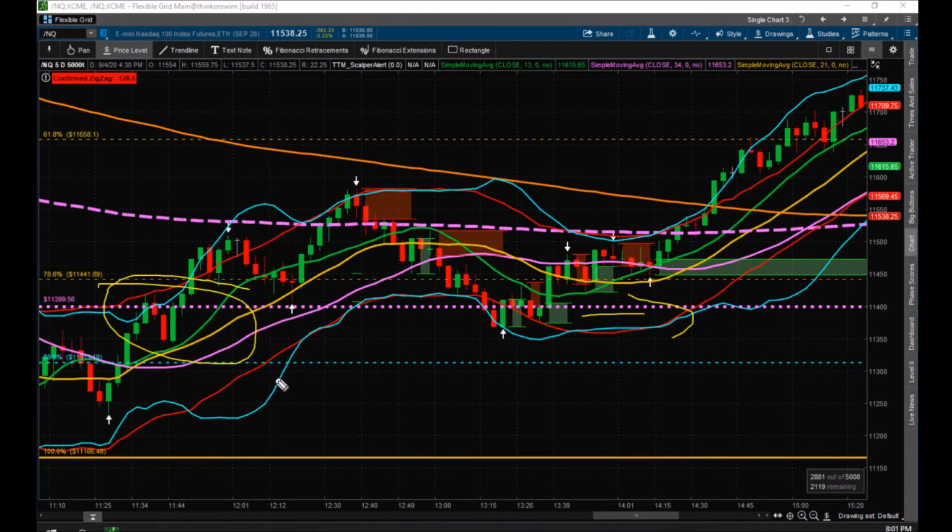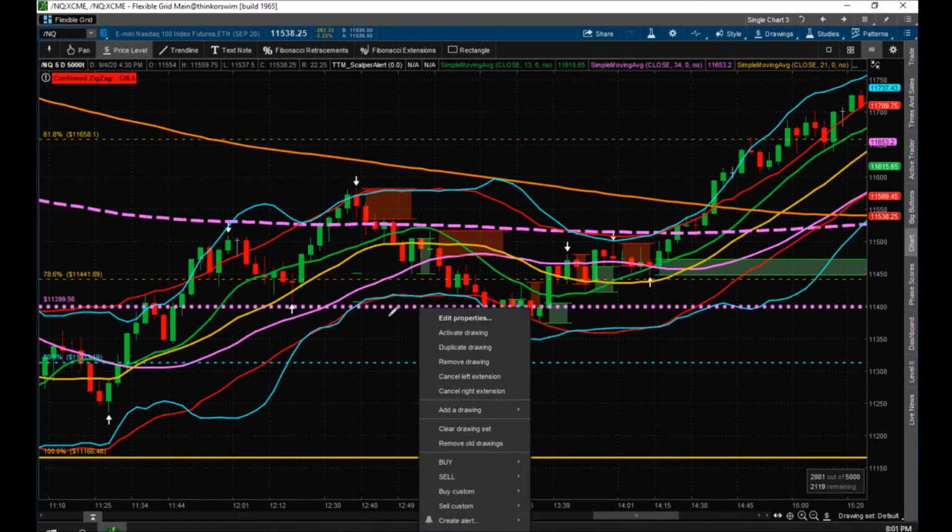You just have to find your support and your resistance. I could take all these indicators out of here, and I could easily trade with no indicators. Before, I just used them as confirmation.